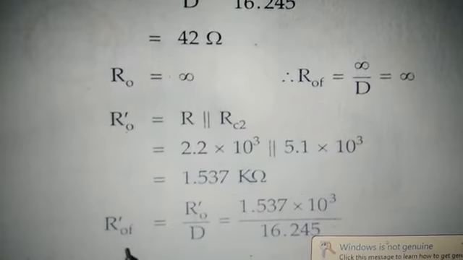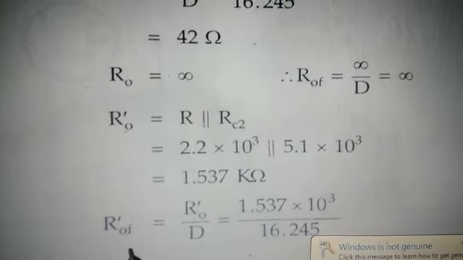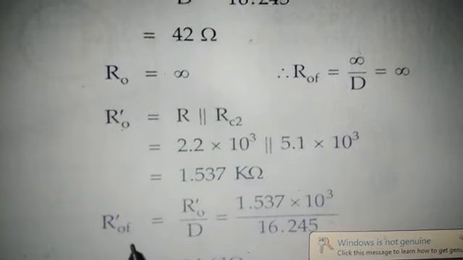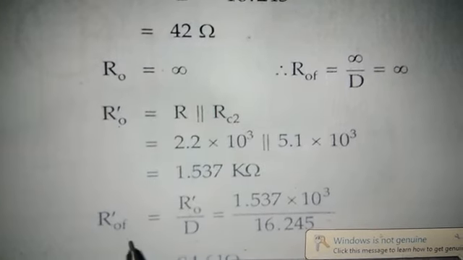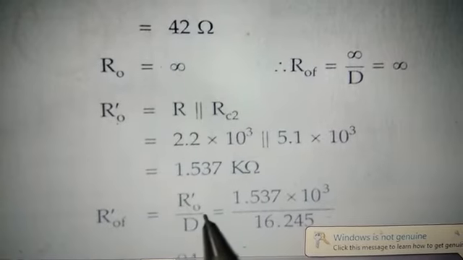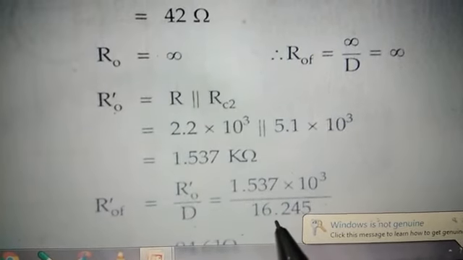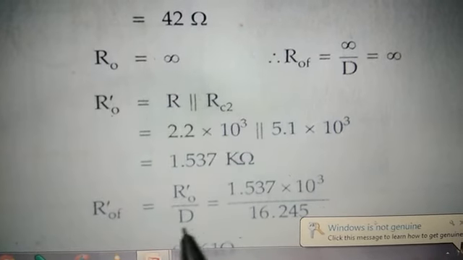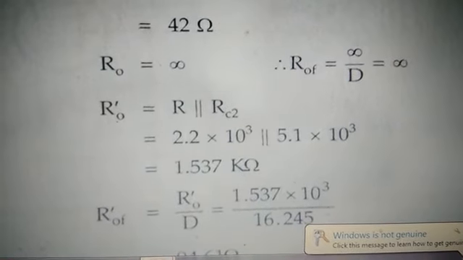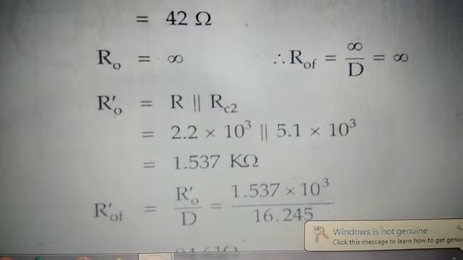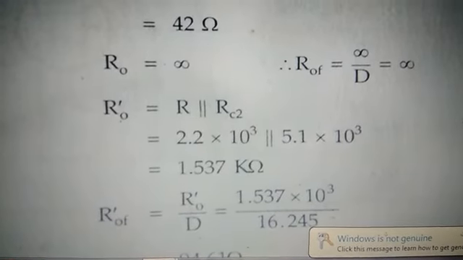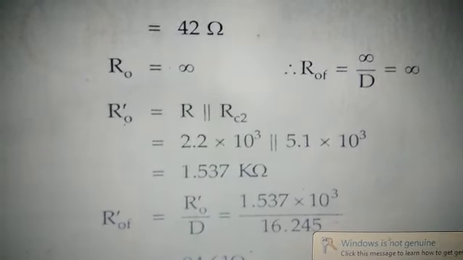And finally, ROF is the output resistance of the overall two-stage amplifier with feedback, is RO upon D. RO is calculated and D is this one. So this value you can calculate here, ROF. In this fashion, you can calculate the h parameters and get the answers.